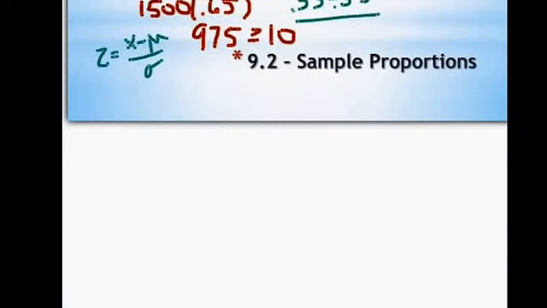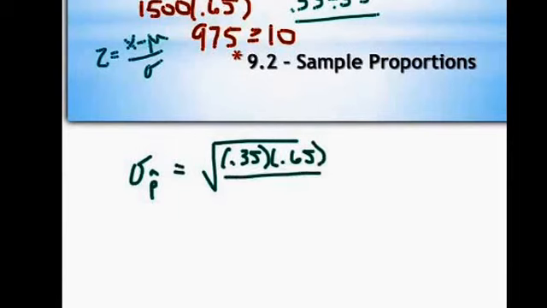33 minus 35, 0.33 minus 0.35 over our standard deviation, which is, let's calculate it real quick. Do that down here. The square root of p hat is equal to p, so 0.35 times 1 minus p, 0.65, all over n, which is 1,500.